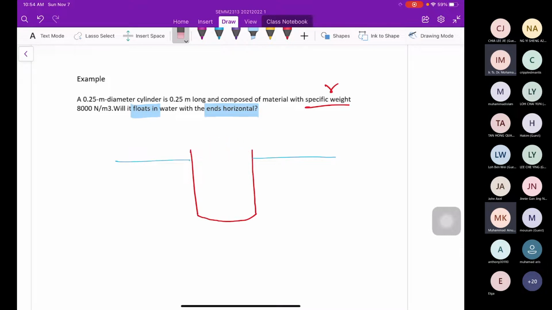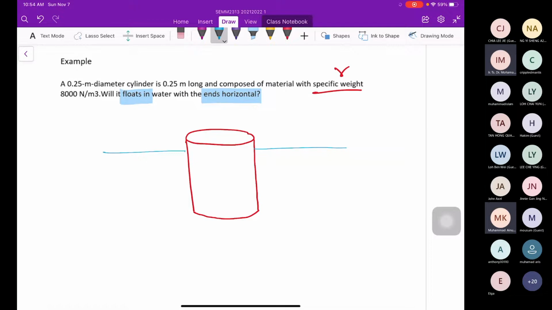So from here, let's give the values. Where is the G? The G, remember, is the center of the object. Whether it is submerged or unsubmerged, it is always the same.